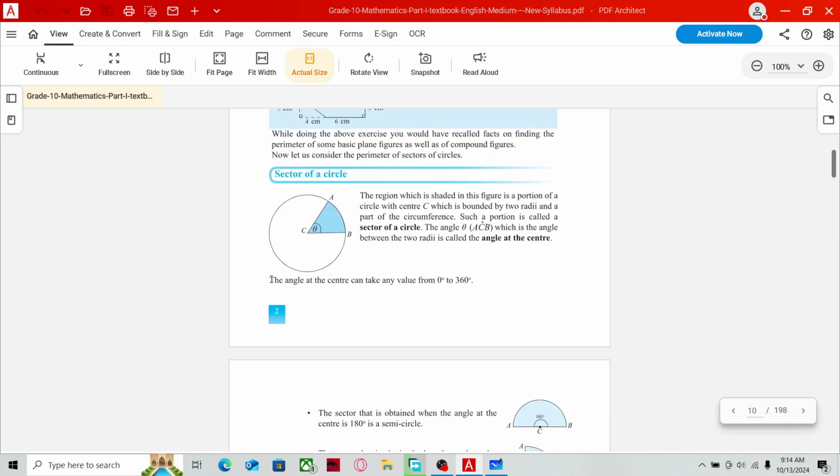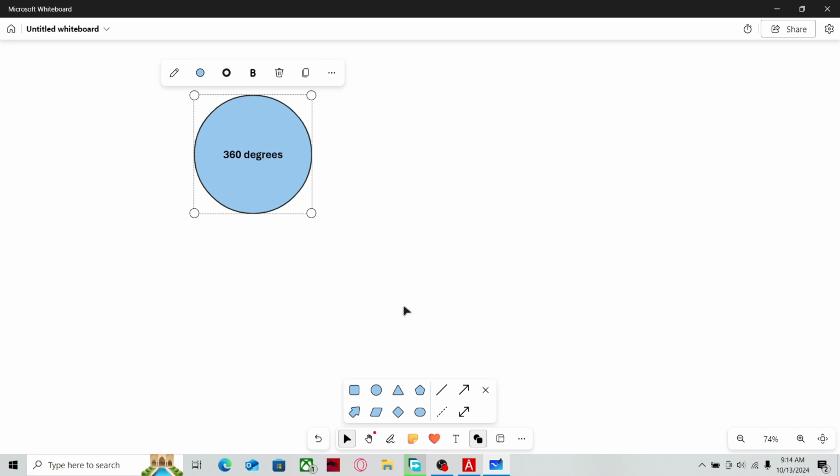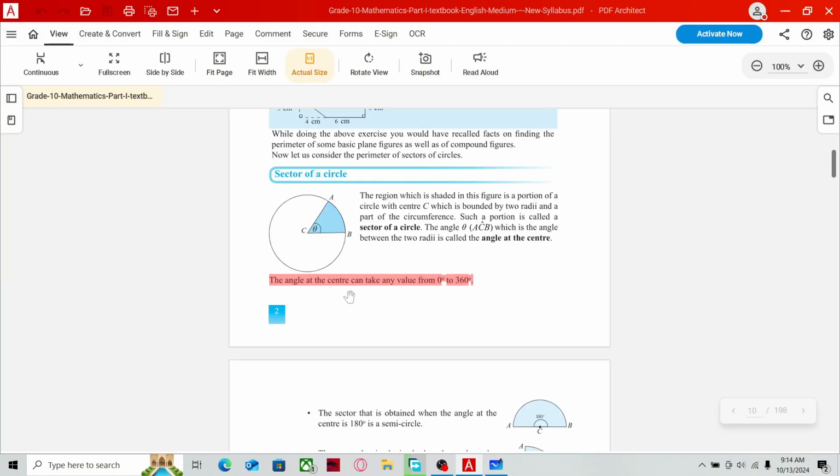Now you see this, the angle at the center can take any value from 0 degrees to 360 degrees. So what does that mean? In a circle, for example, we all know that one round of clockwise or anti-clockwise is equal to 360 degrees, right? So a full circle is what? 360 degrees. Now you can see this middle, it's called theta.